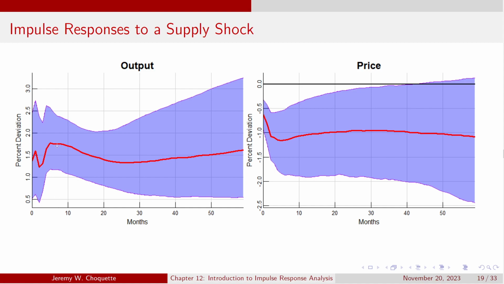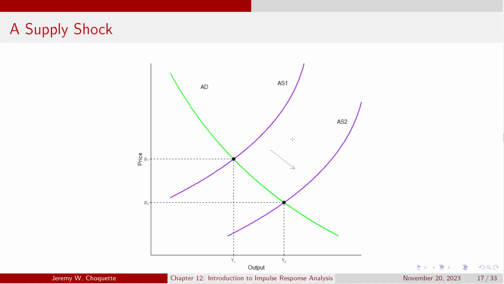So output increases by about 1.5 percentage points, because it's not a percent increase, it's a percentage point increase. Prices fall by about 1.1 percentage points. So output increases, prices fall. Consistent with this right here. Output increases, prices fall.